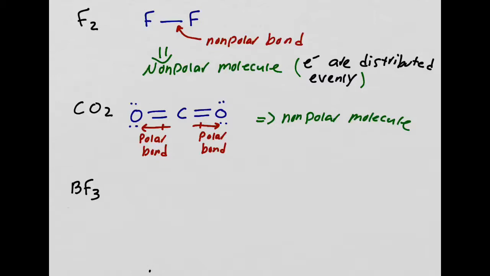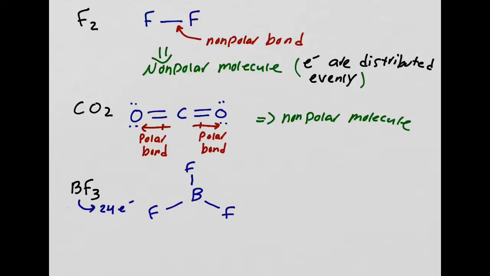Okay, so hopefully you paused me and figured out the geometry. If you look at BF3, again this was in the last video on how to do the Lewis structure, there are 24 valence electrons. Boron goes in the middle, and then I have fluorine, fluorine, fluorine around it.